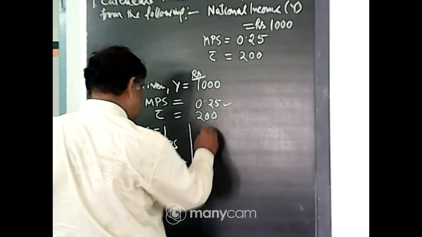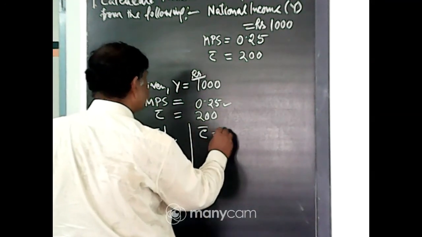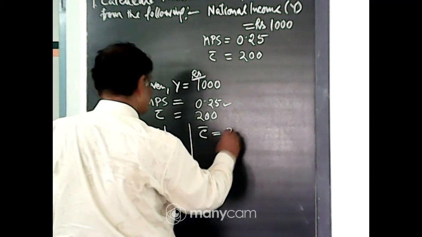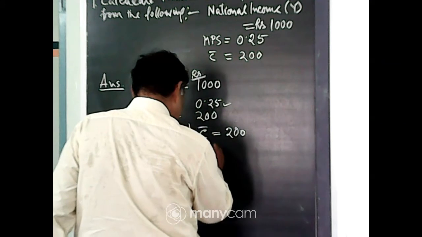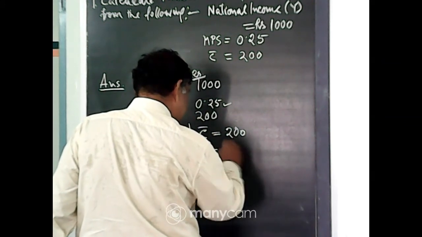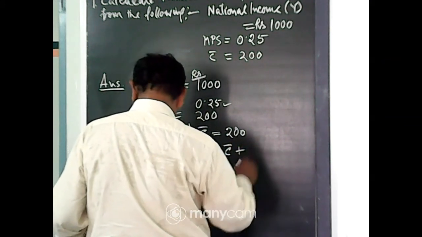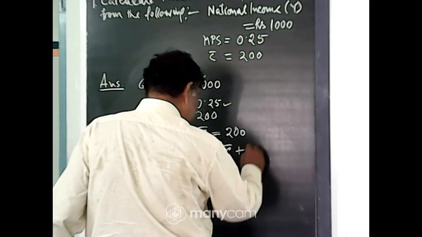Now C bar is equal to 200. Why is C equal to C bar plus bY? I think you know it.